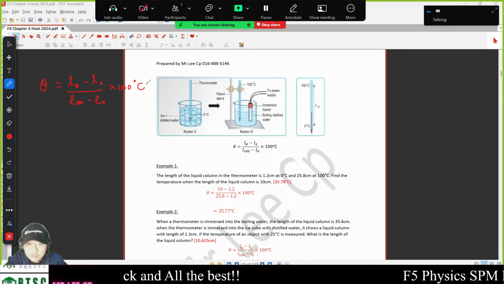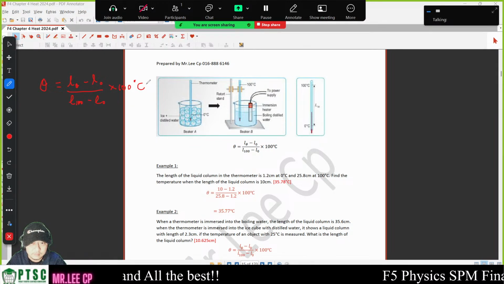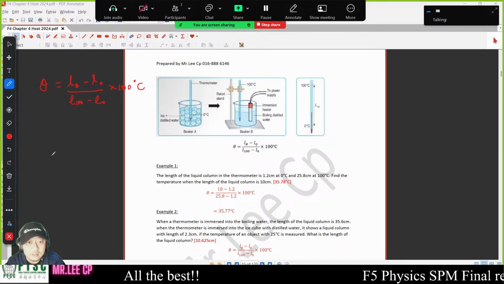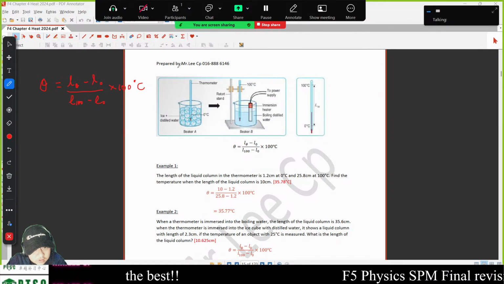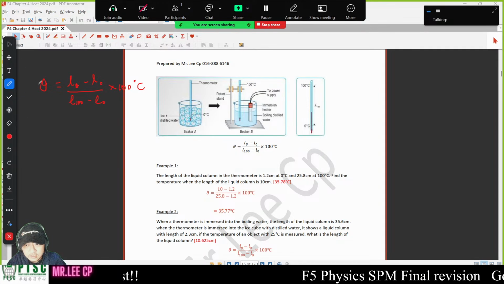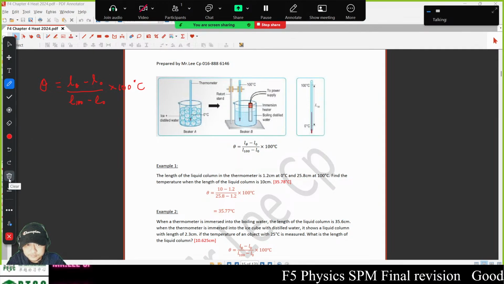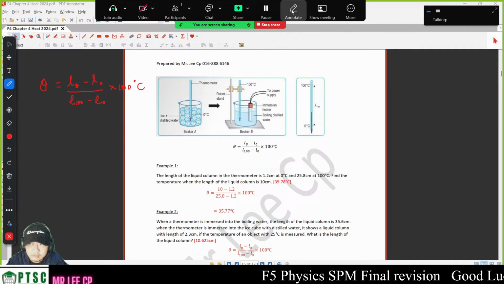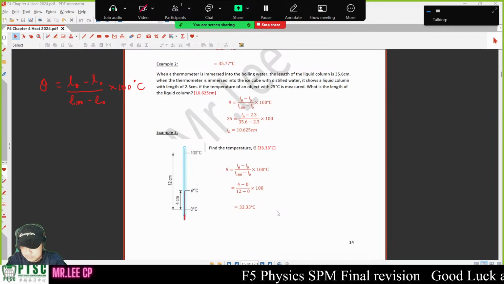You need to know how to use this formula. This formula is not given, so you need to memorize it by heart.